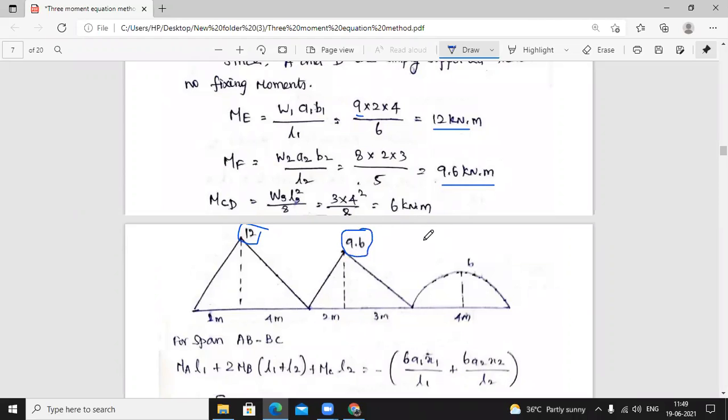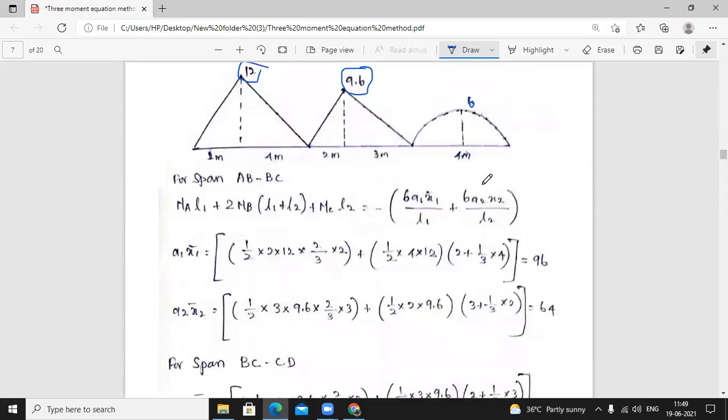Coming to the third span, the bending moment value is 6. It's a UDL load, so the diagram will be parabolic. The maximum bending moment at mid span is 6. So a triangle for point load and a parabolic shape for UDL load. This is the bending moment part.